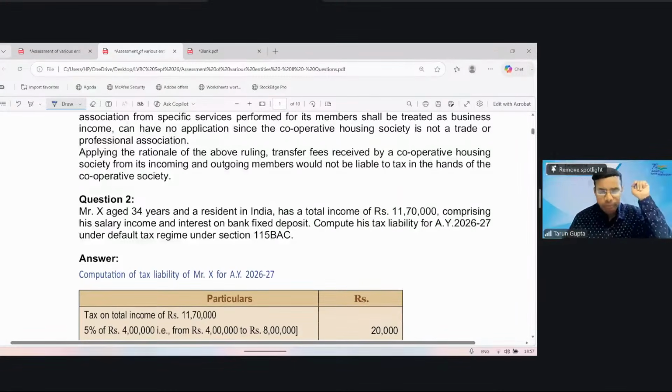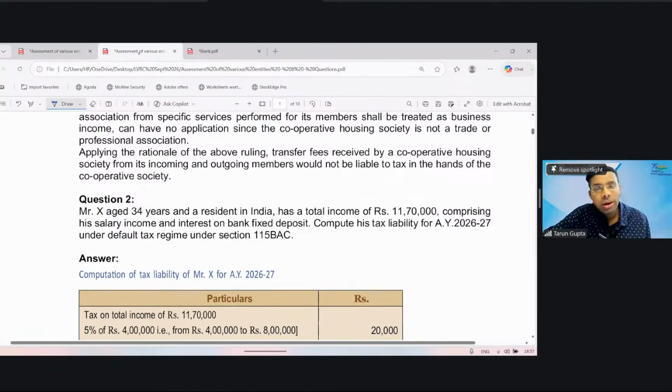But the benefit to senior citizens and super senior citizens is available only under the old regime. Under the new regime, there is only one slab rate applicable to all individuals, whether resident or non-resident, whether less than 60 years, 60 to 80 years, or more than 80 years, irrespective.